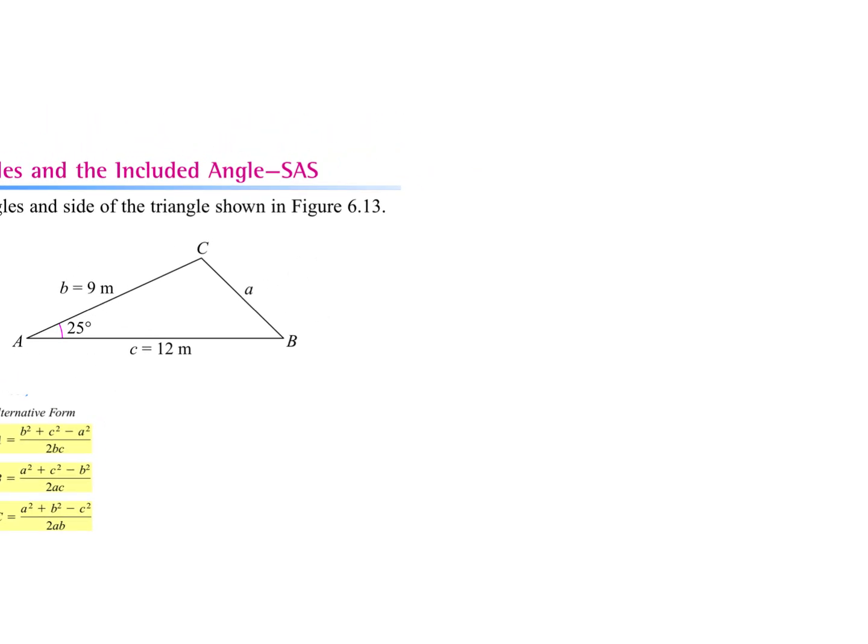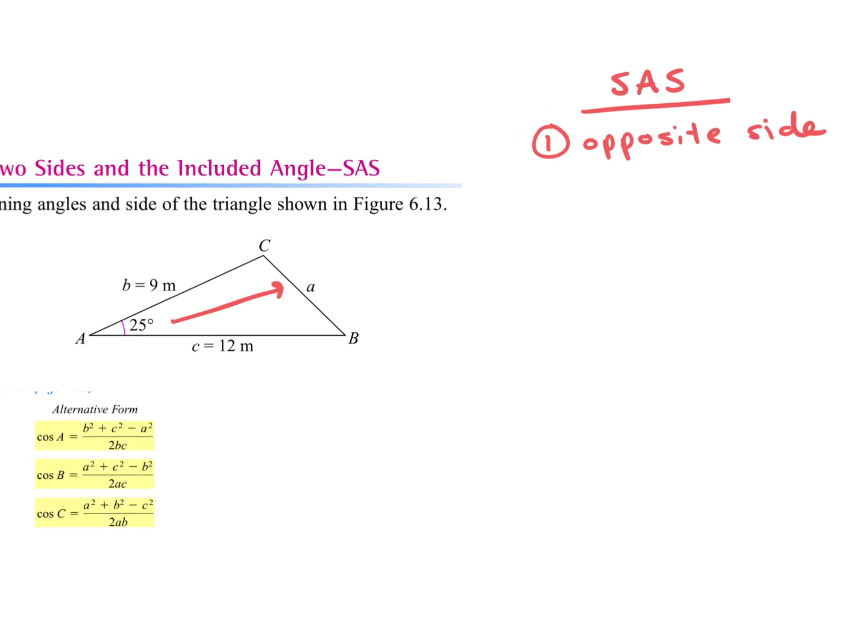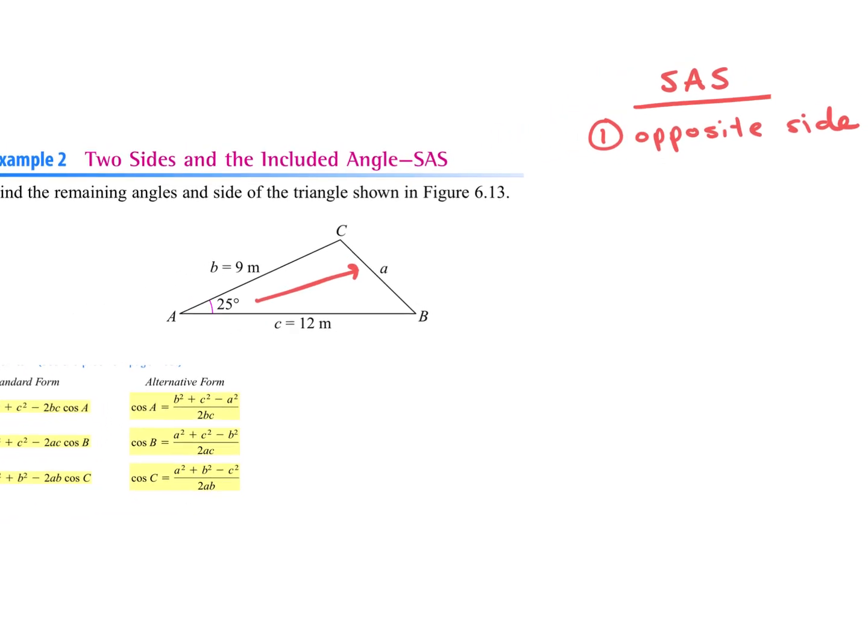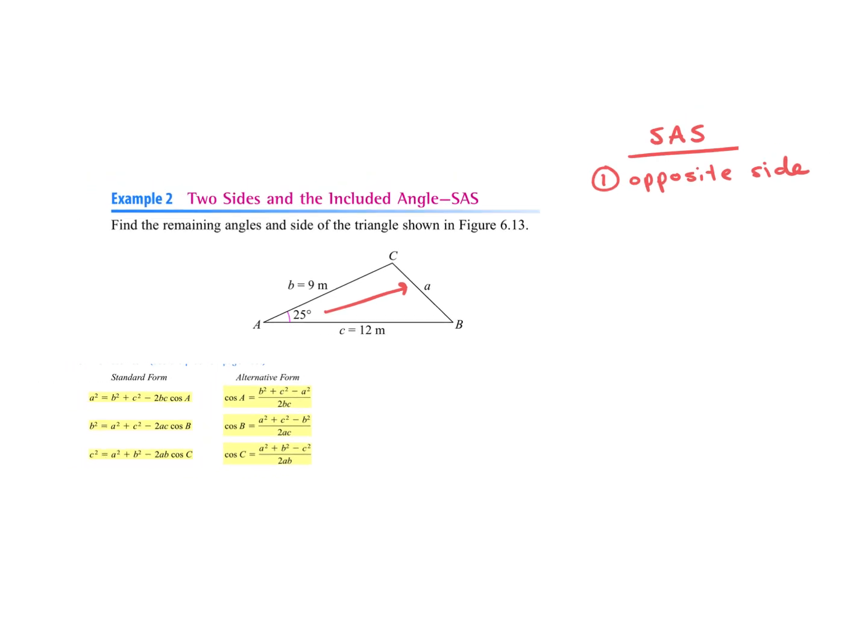So when it's a side, angle, side, first thing we want to find is the opposite side. By opposite side, I mean the side opposite of the one angle that we're given. So since we want to find the opposite side first, we're going to use standard form.